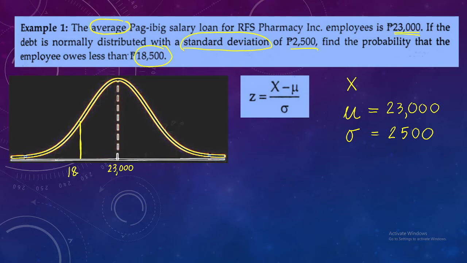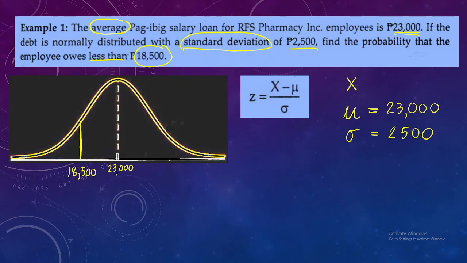Now, let's go to the problem. Which part are we going to shade? Because we are looking for the area, the probability. Go to the problem. Less than 18,500. Where is the less than 18,500 located? If this is the reference now, is it the left part or the right part?